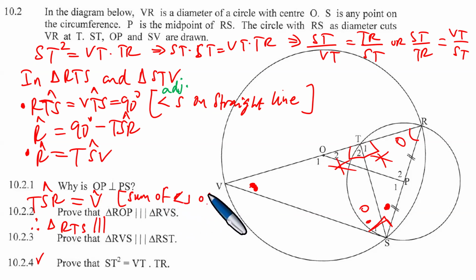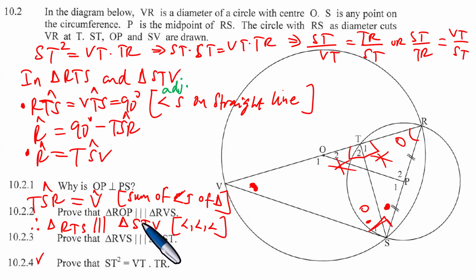So triangle RTS is similar to triangle STV, and the reason for this is angle, angle, angle. So in the end, these triangles are similar to each other.